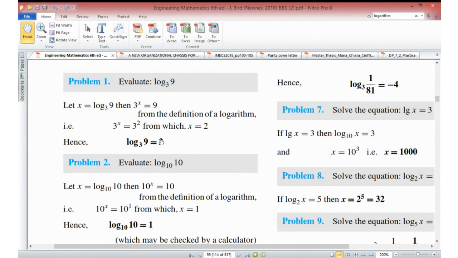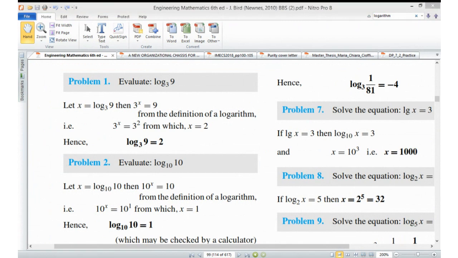So how do we do that? We need to convert that into an equivalent representation in index form, which gives 3 raised to power x is equal to 9, where x is the value we are looking for.